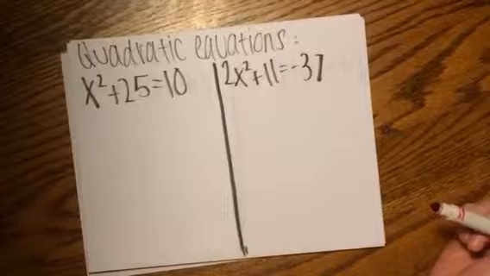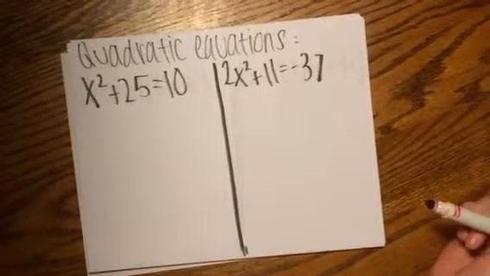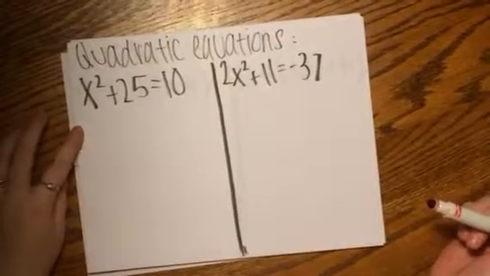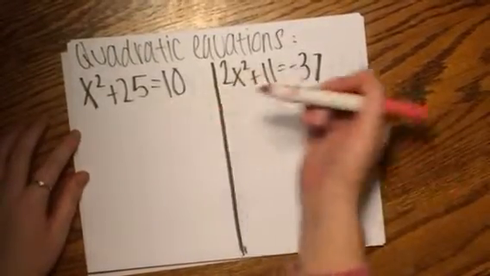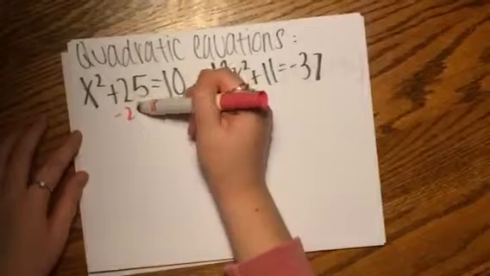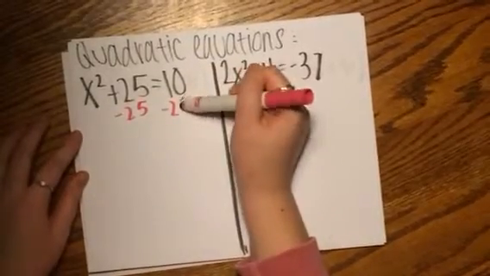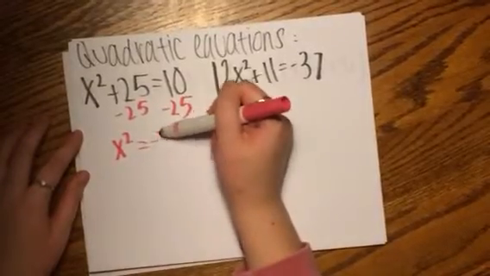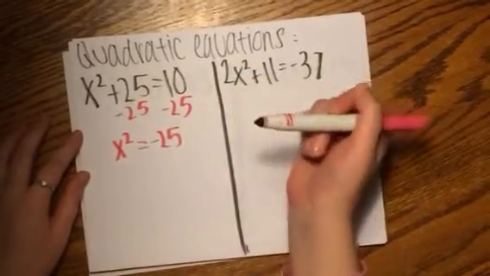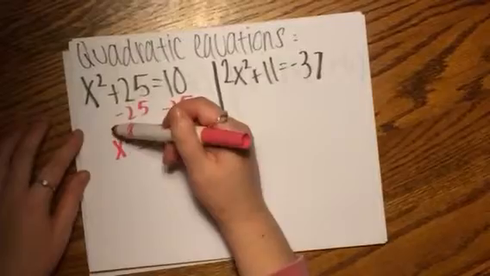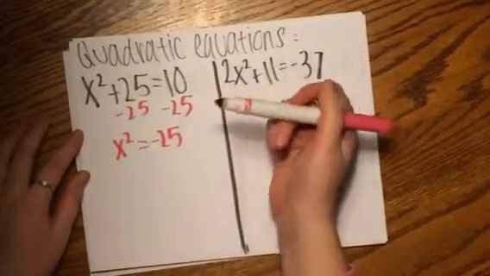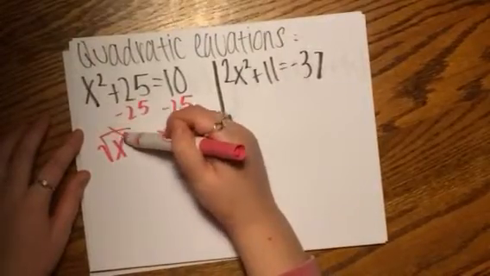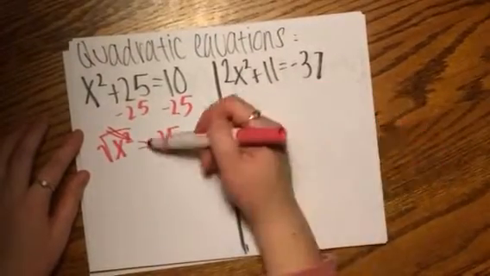So for quadratic equations, we must solve for our variable, so we have to isolate it. To isolate this first one, we have to subtract 25 from both sides, which gets us x squared is equal to negative 25. Now to isolate the x, you have to take the square root of the x squared because the square root cancels the squared out.